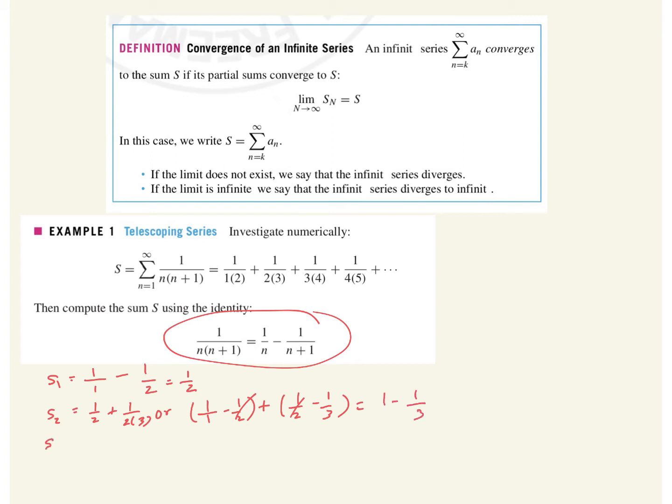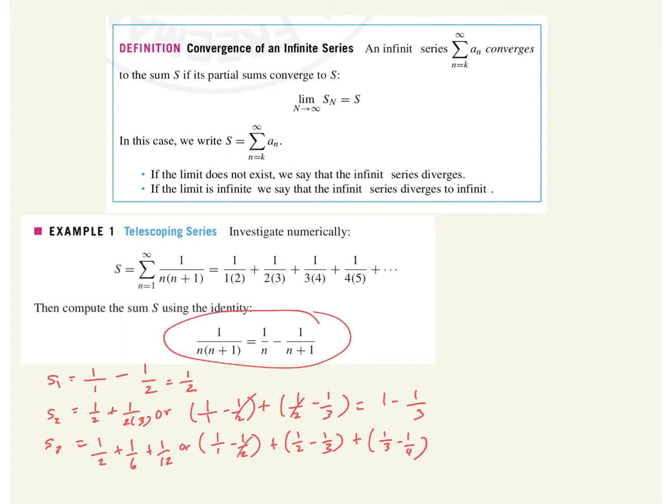If we continue this just a couple times, enough to establish the pattern, S of 3 could be found by simply doing 1 half plus 1/6 plus 1/12, or, again, 1 over 1 minus 1 over 2, plus 1 over 2 minus 1 over 3, plus 1 over 3 minus 1 over 4.